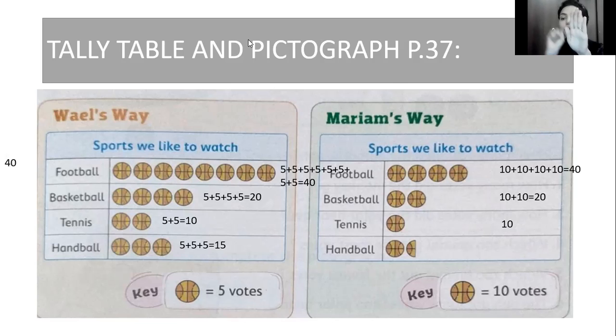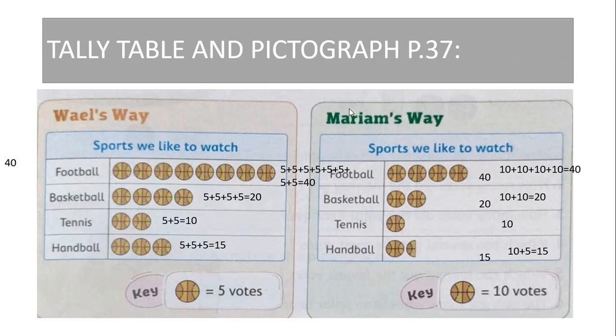Half of 10 is 5. So the whole ball is 10. Half of the ball is 5. Okay, so it is 10 plus 5, 50. So here that's 40, 20, 10, 15.